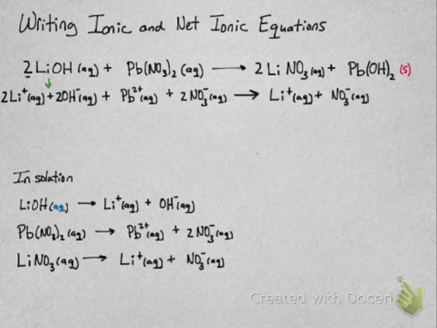So now we've basically taken the empirical formulas for those aqueous salts and shown them as separated ions, which is a little more physically realistic. Of course, the lead hydroxide is a solid and therefore does not separate. The lead and the hydroxide ions are tightly bound and not separated by the water. And so we just move that down into our equation below.